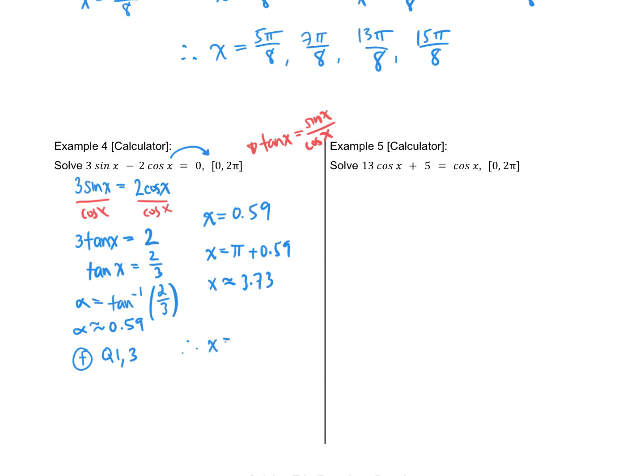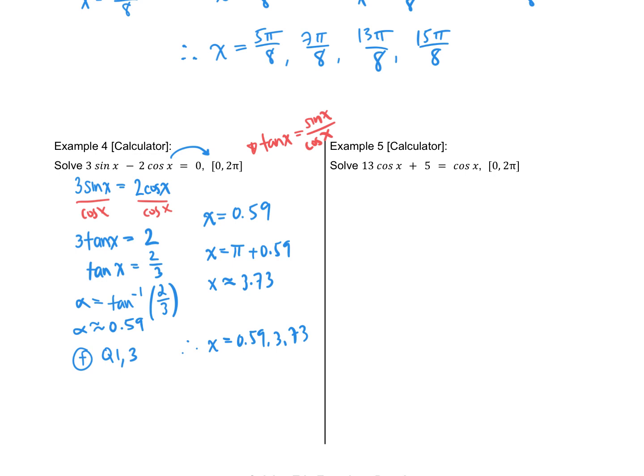And those are our two answers for this equation. And this is an example where knowing those identities from grade 11 could be helpful because we turned something that looked a little complicated into a much simpler equation.